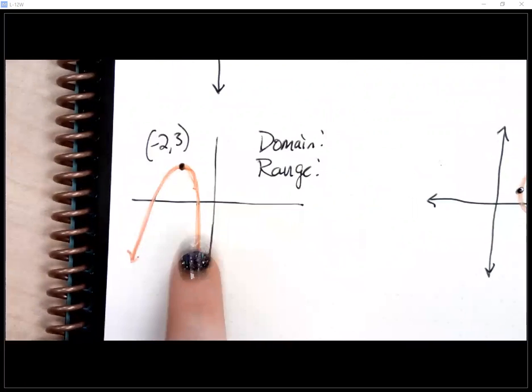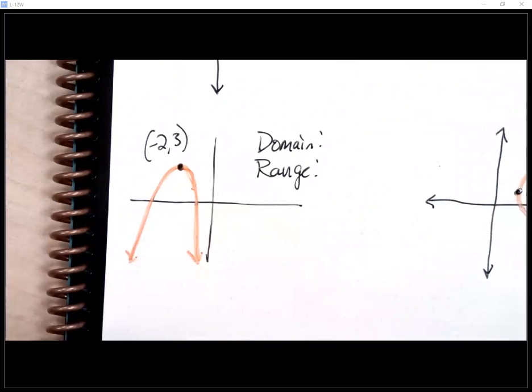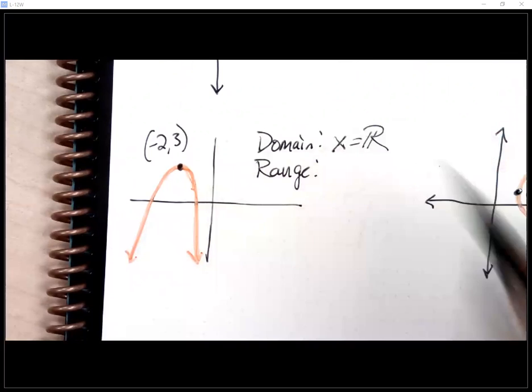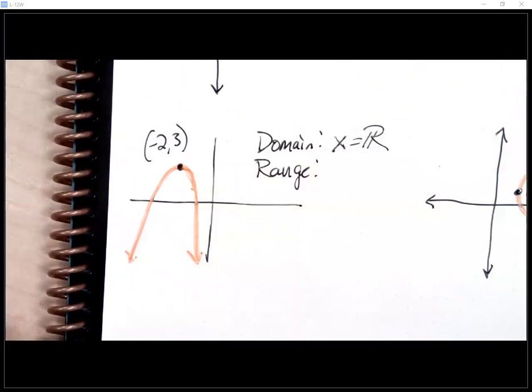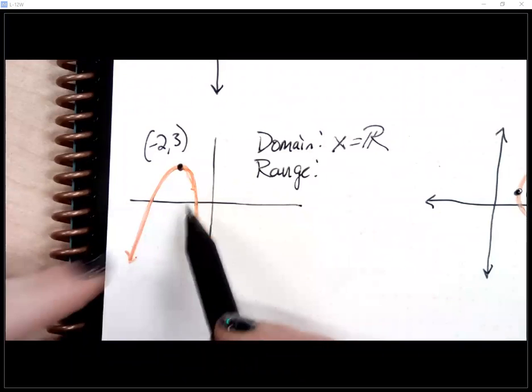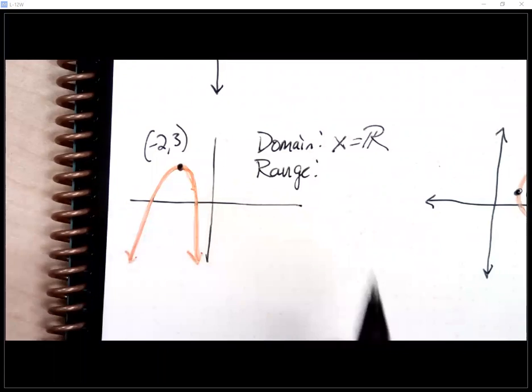Your domain would be all reals. Those X's, remember, you got to think about side to side. This thing is moving to the left and to the right, just slowly, but it will eventually cover every single number in the X axis.